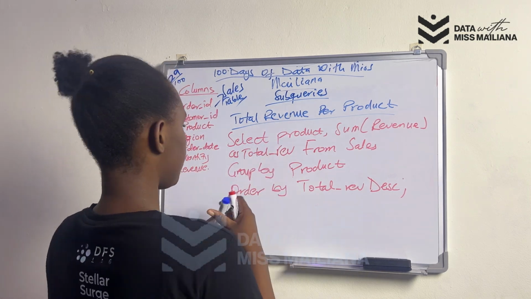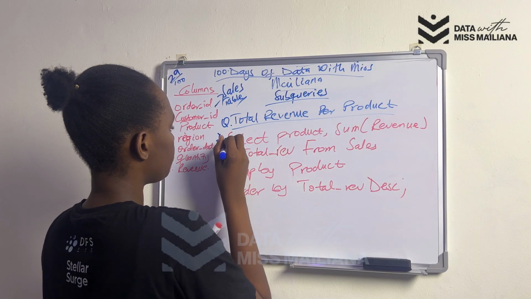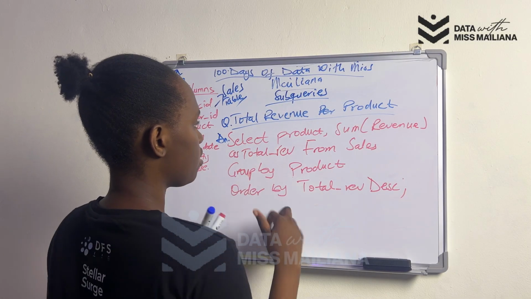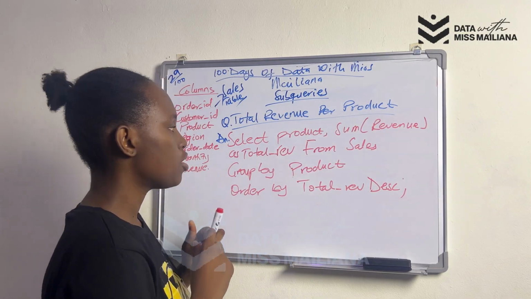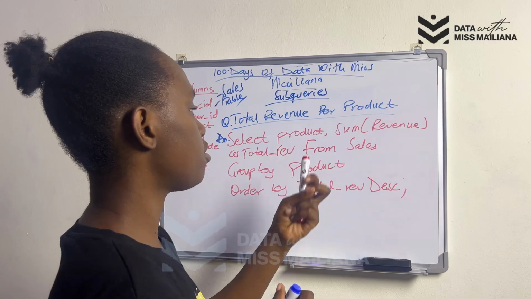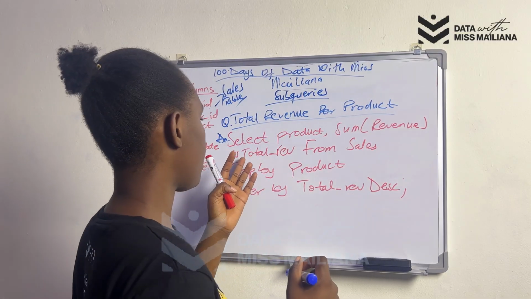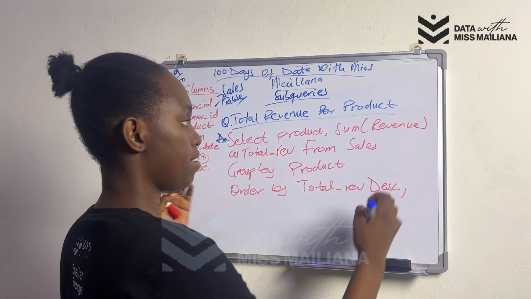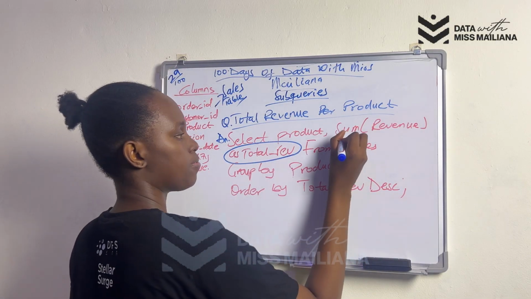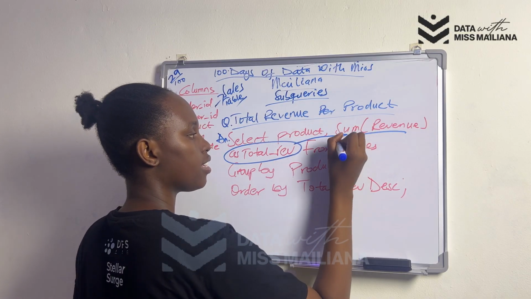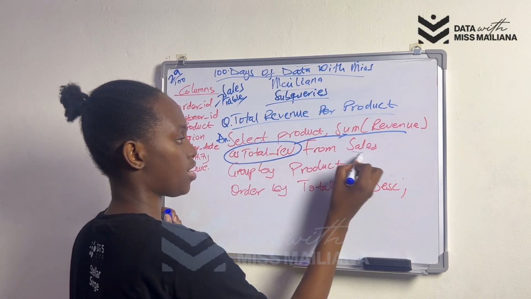So this is our question and this is our answer. This is the query that's going to get us total revenue per product. You select product, then you sum the revenue, and as you sum it, you have to name the summation, and this is our table.